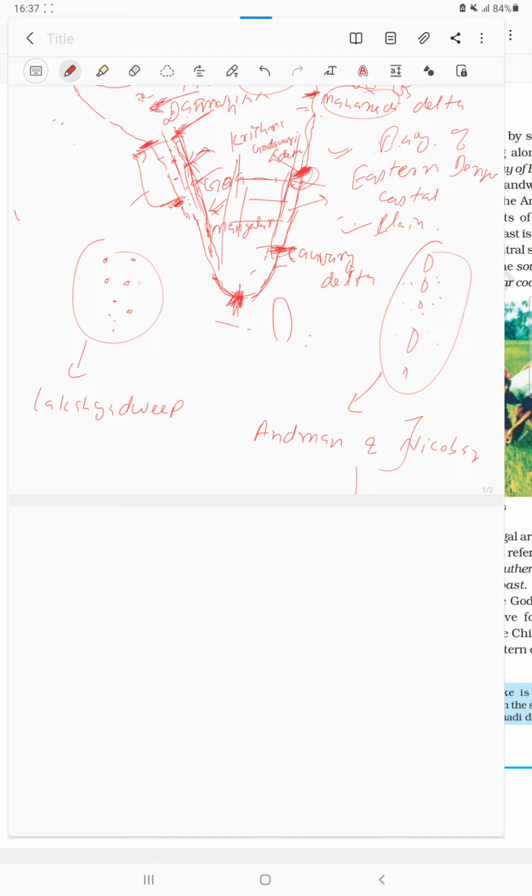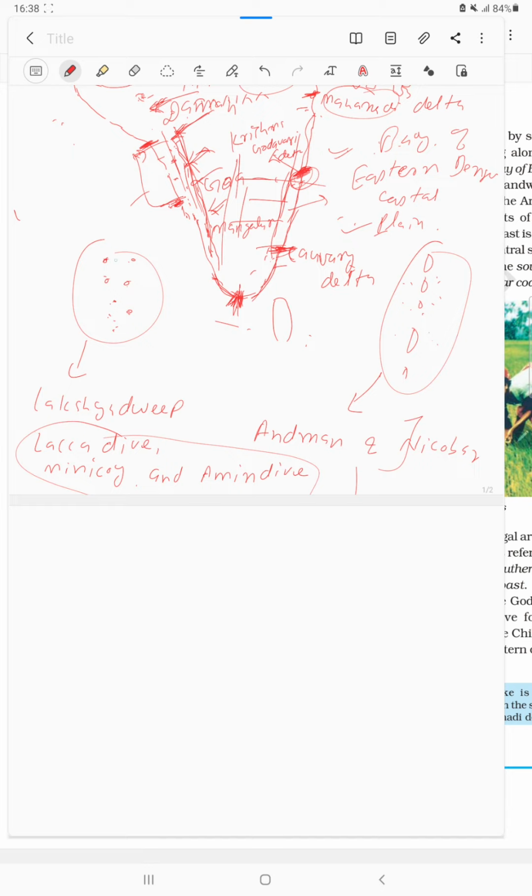Earlier, what was Lakshadweep known as? The old name of Lakshadweep was Laccadive, Minicoy, and Amindivi. Okay.